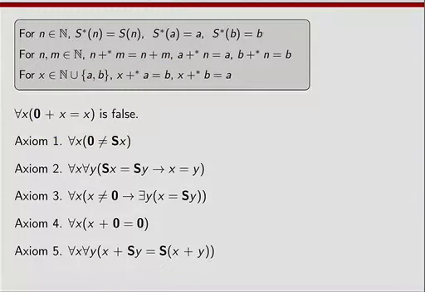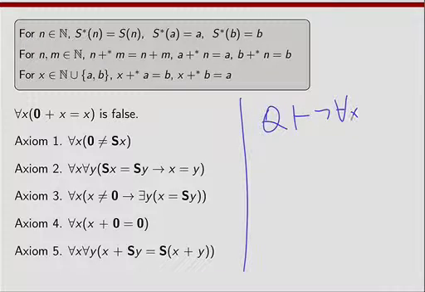Now, one other thing to note: clearly it can't be the case that Q can derive that for all x, 0 plus x equals x. To see that, just take the standard interpretation. This is false on the natural numbers.